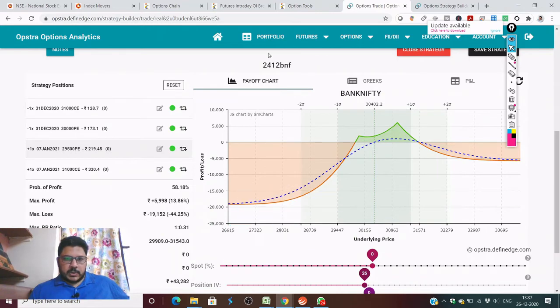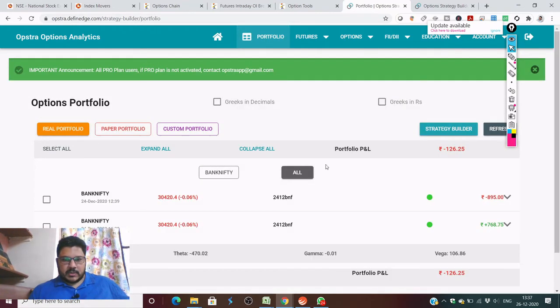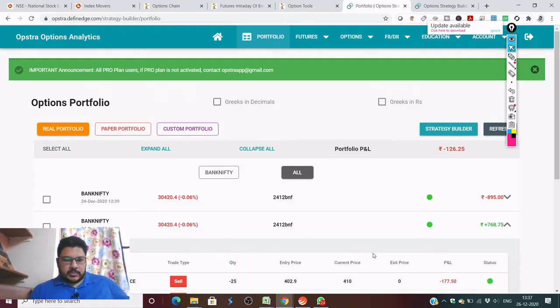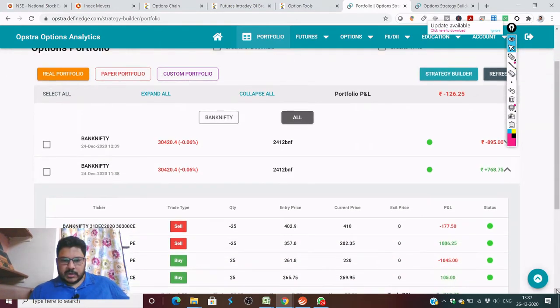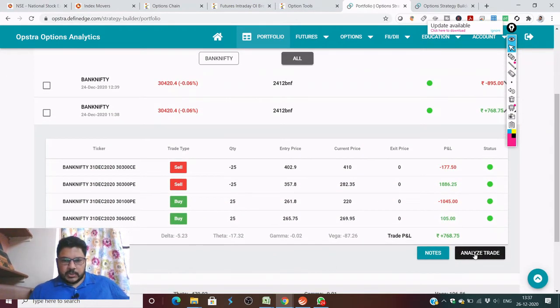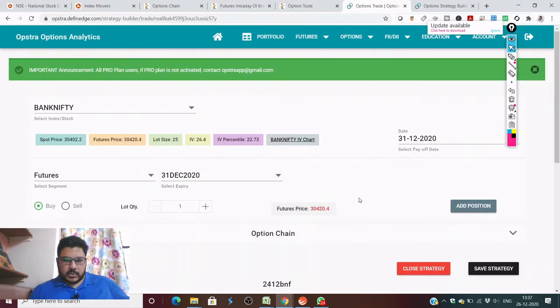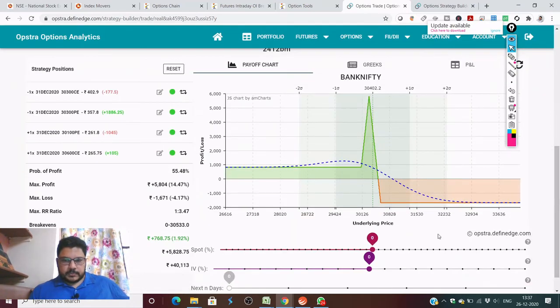I prefer doing butterflies, and butterflies have been really simple, and butterflies or iron flies are both good for me. This is one trade which I'm holding right now. The max loss is about 1600, max profit is about 5800. What we have done is sold the 30,300 call and put, which is a straddle, and then hedged it with the 30,100 put and 30,600 call.